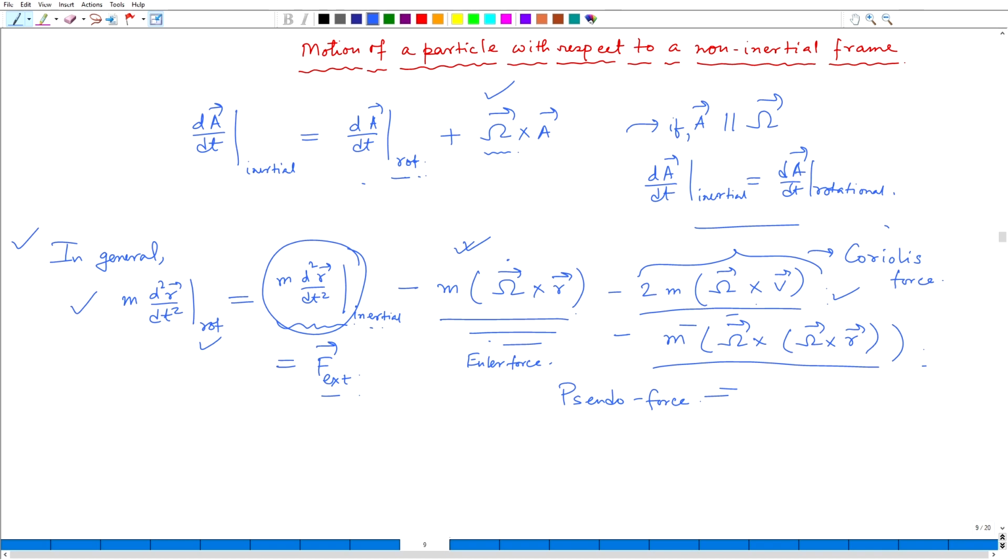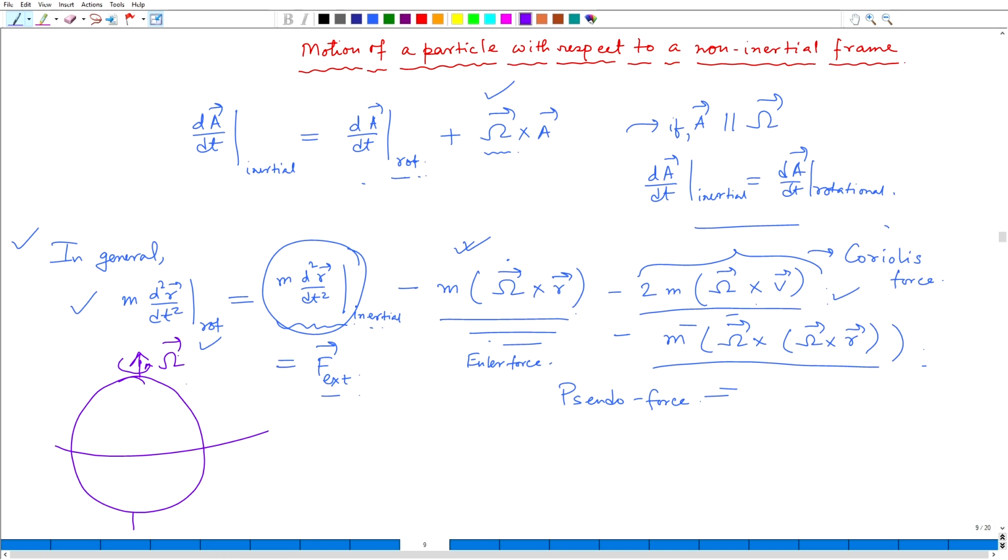Okay. So, I can draw the earth like this, and this is the axis of spin, and the earth is moving from west to east with a constant angular velocity omega, and this is the equator.